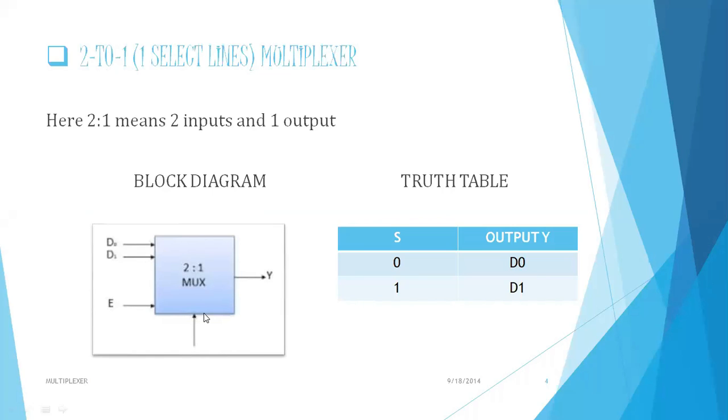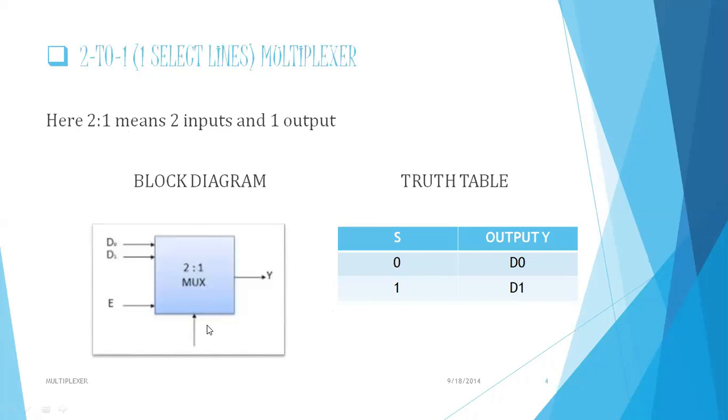Enable is used to enable this multiplexer: if enable is equal to 1, the multiplexer is enabled; if enable is equal to 0, it is deactivated.